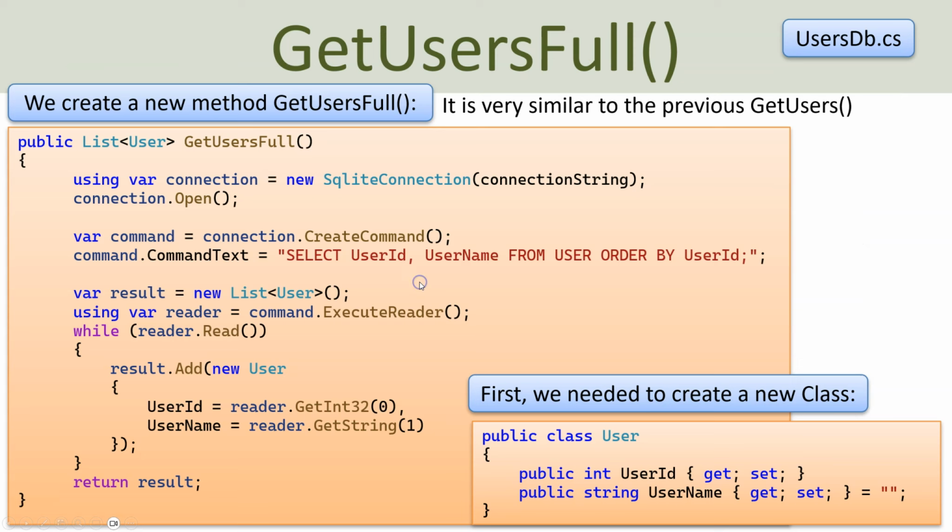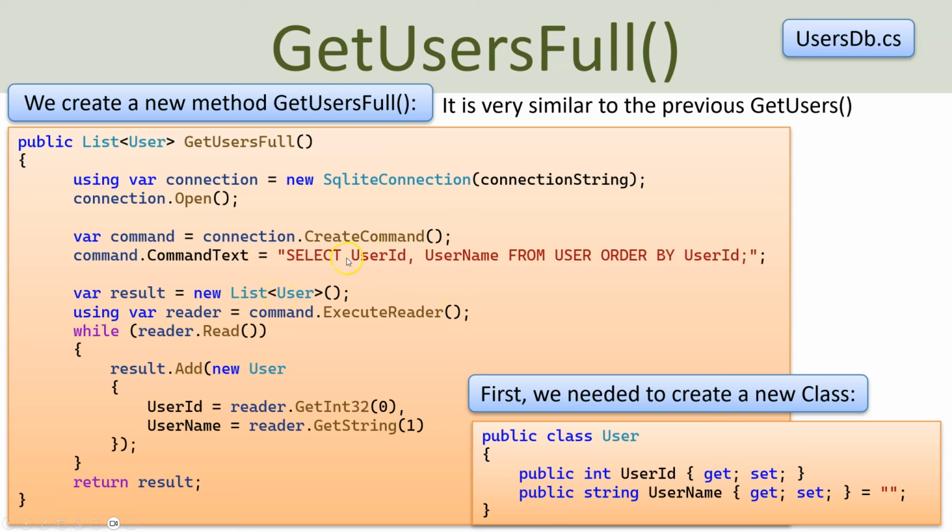In order to do that, we can create a new method in our new class, usersdb.cs. We can call it getUsersFull or something. It's very similar to the previous getUsers, but here we need to also get the user ID and the username. And since we are now retrieving more than one item from the database, we cannot just retrieve a list of strings.